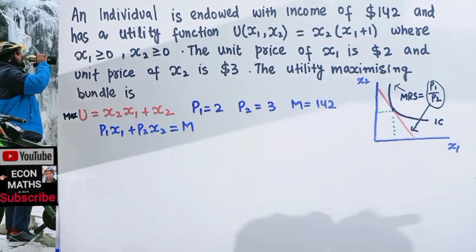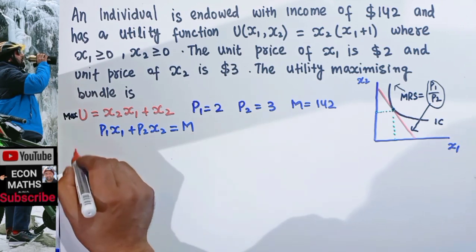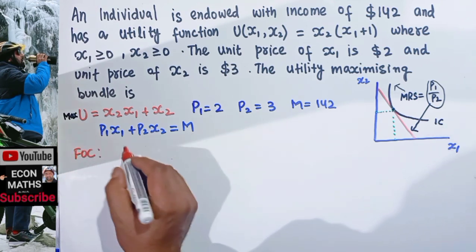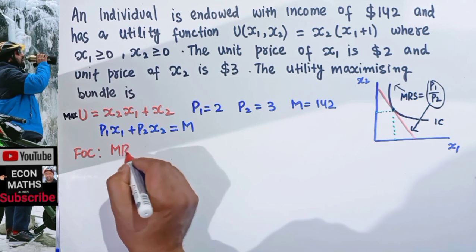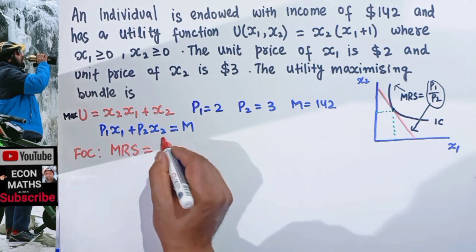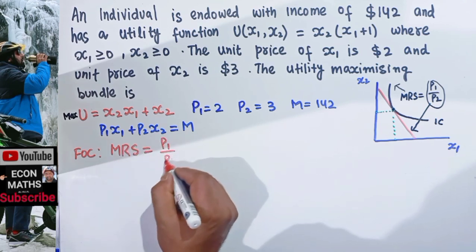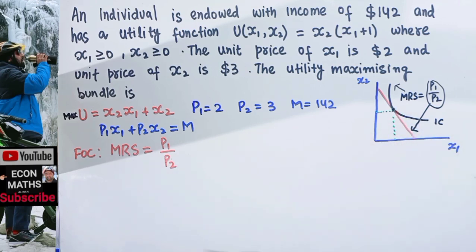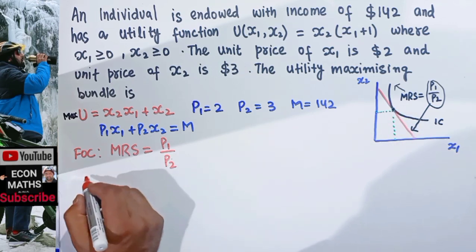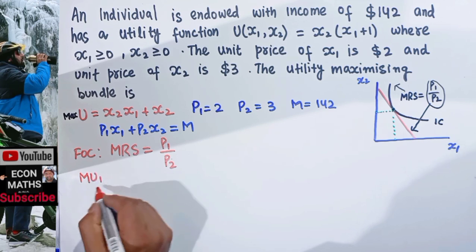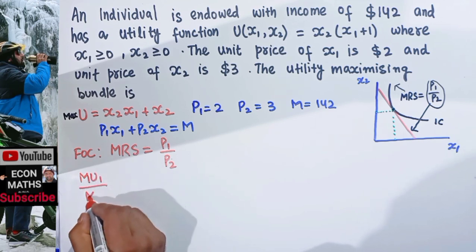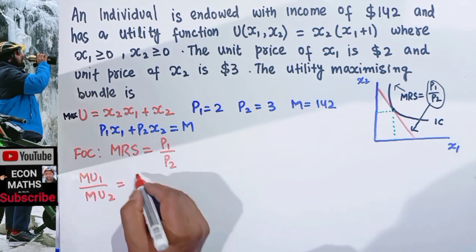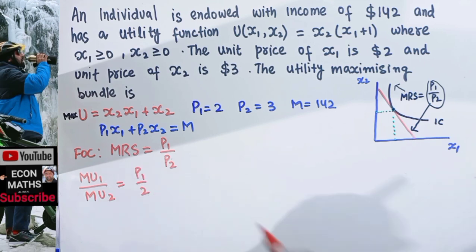So we know that our first order condition for maximum requires that our MRS should be equal to the ratio of the prices P1 upon P2. This condition, what I am talking about, MRS is simply marginal utility of good x1 divided by marginal utility of good x2 should be equal to the ratio of the prices.